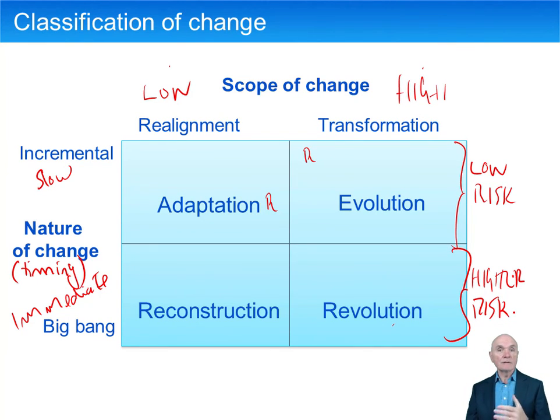Think what that might be doing to your suppliers, your customers, your staff, getting the machinery to work, etc. There's so much that can go wrong in this Big Bang approach on a very large, fundamental scope. So it's very risky. People, by and large, would not volunteer to do that, but it may be thrust upon them. Because of maybe what competitors do, you have to embrace revolutionary change. Otherwise, you're going to be left so far behind, you'll never catch up.